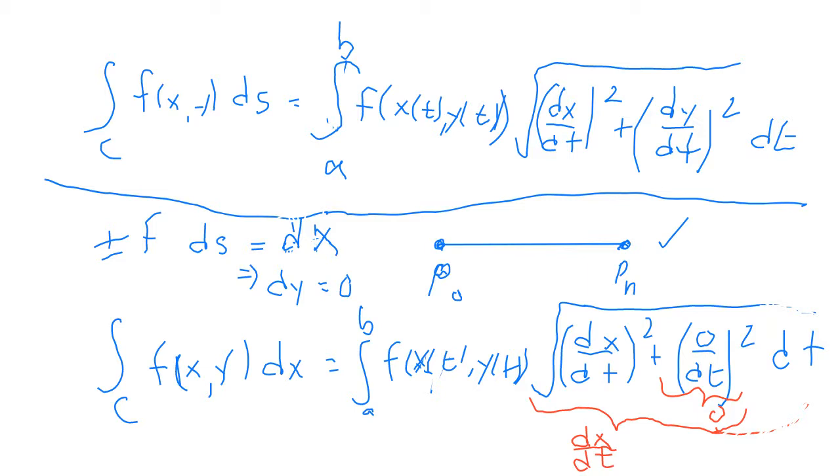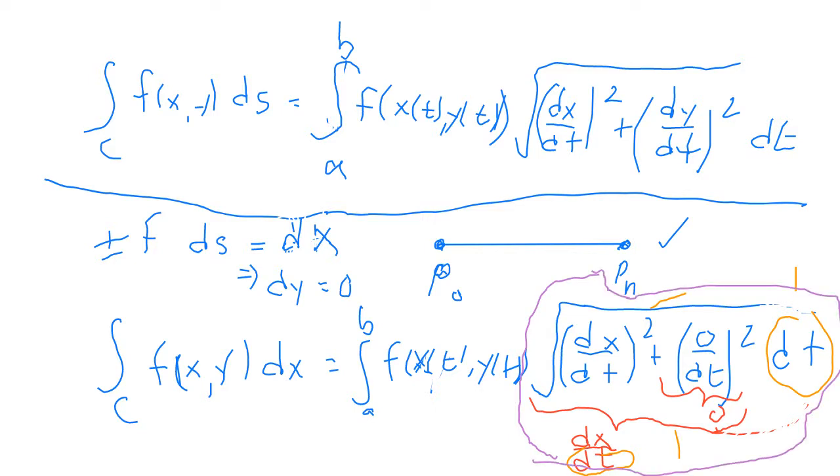And what's going to happen to this dt and this dt in the denominator? They cancel out. They simplify out, and you just have a dx. So this entire part of the integral just becomes dx. Are there any questions on that?